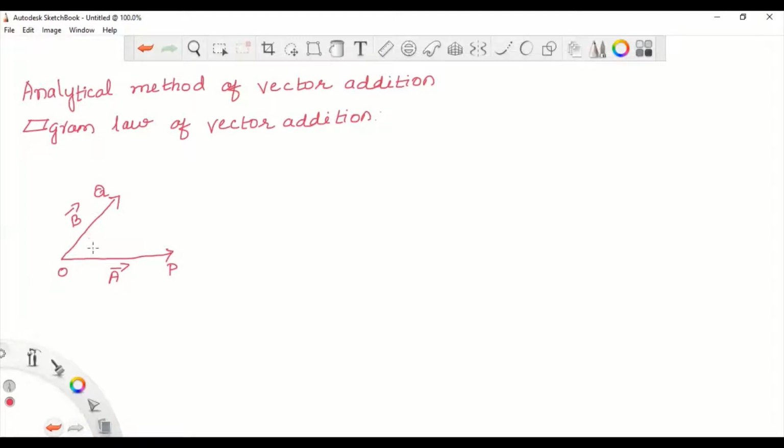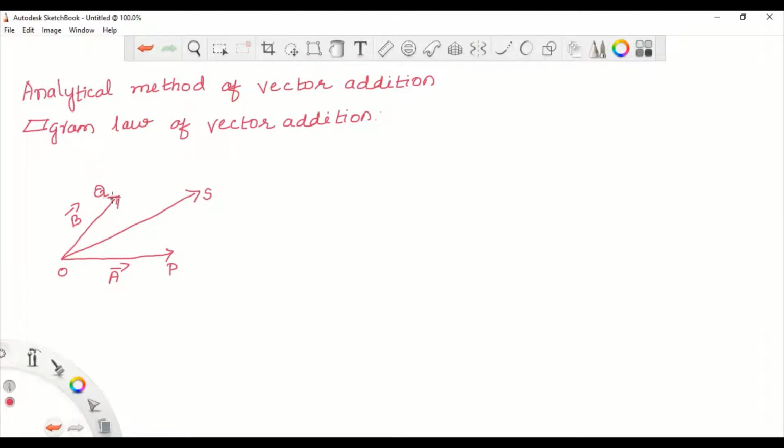These two vectors are represented both in magnitude and direction by the adjacent sides, OP vector and OQ vector, of the parallelogram OPSQ. We know already that this will be the diagonal passing through this point O. So OS be the diagonal.